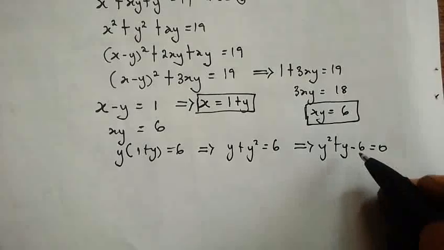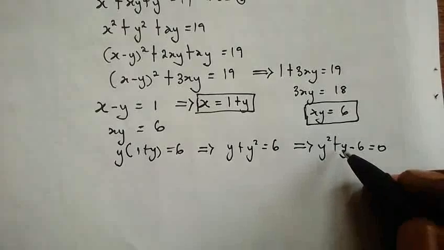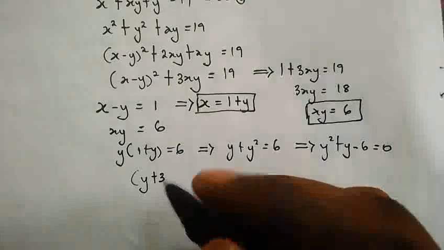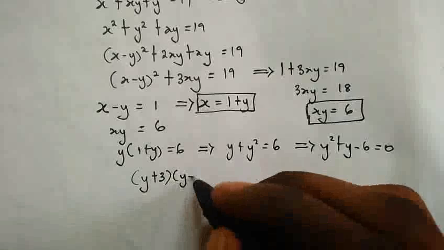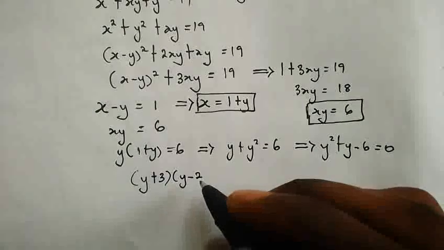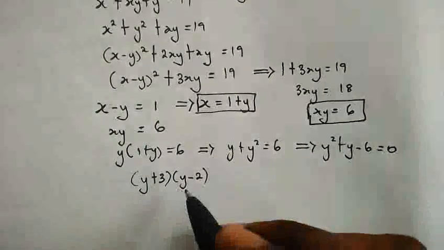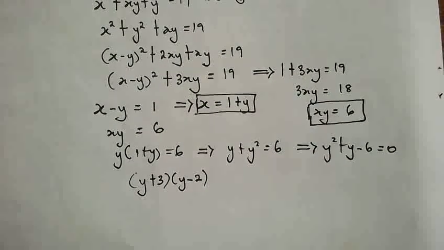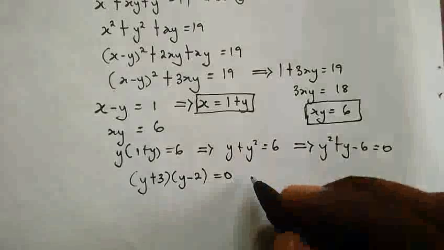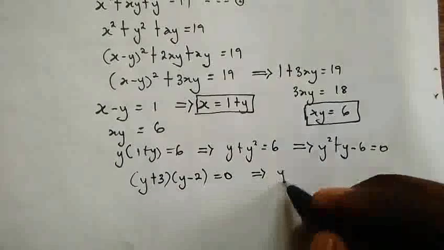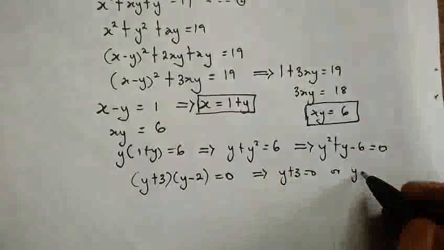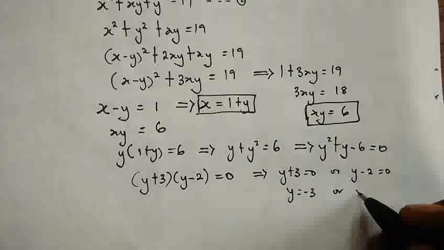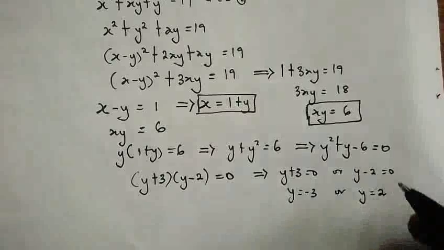Positive 3 times negative 2 is negative 6, and when we add them we get positive 1. So we're going to factor this as follows: y plus 3, multiplied by y minus 2, and this is equal to 0. So from here we have y plus 3 is equal to 0, or y minus 2 is equal to 0. So here we get y is equal to negative 3, or y is equal to 2.